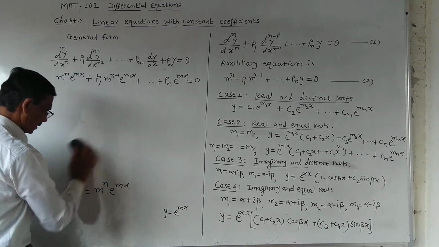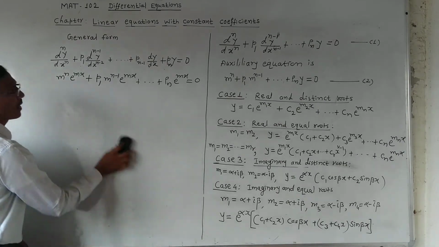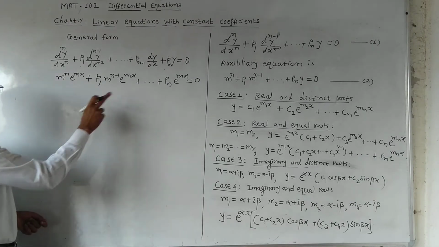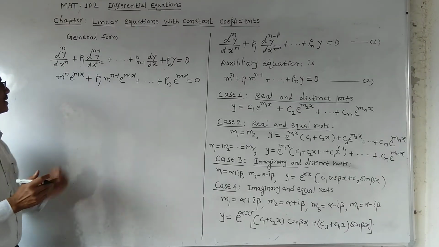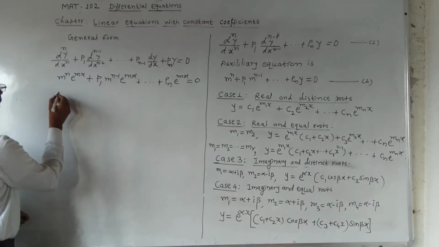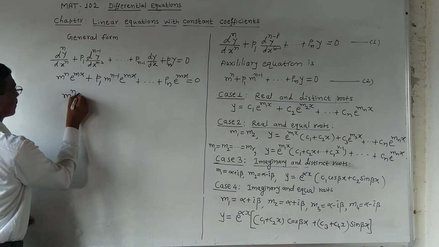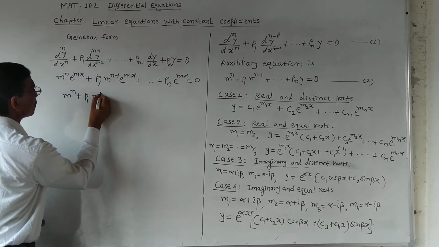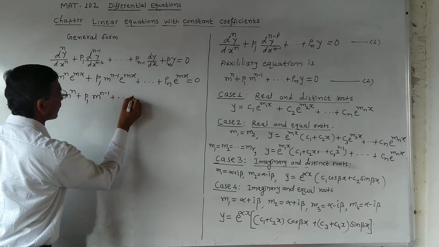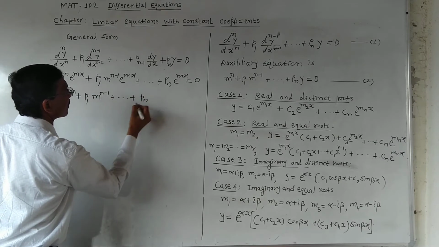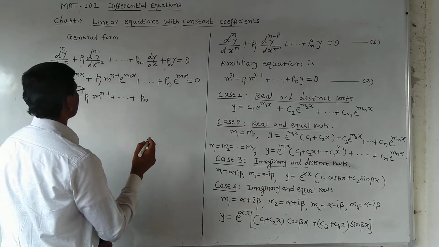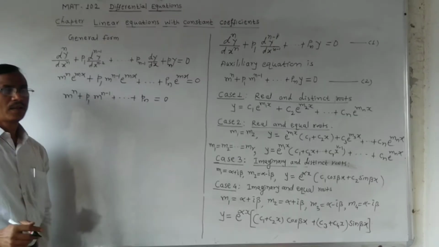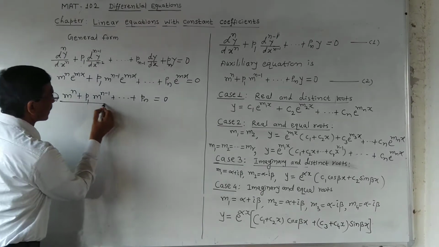But we know that e^(mx) is not equal to 0, and therefore dividing both sides of this equation by e^(mx), we get m^n + P1 m^(n-1) + and continuing like this, + Pn = 0.